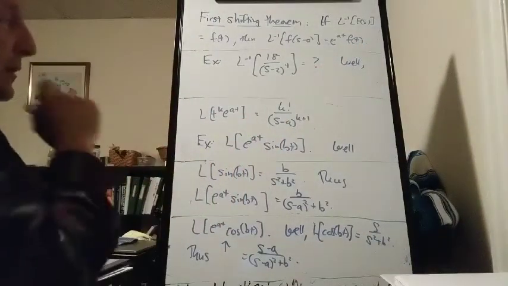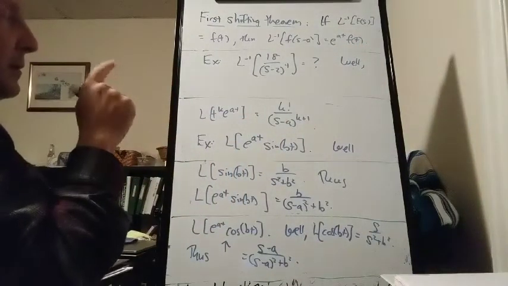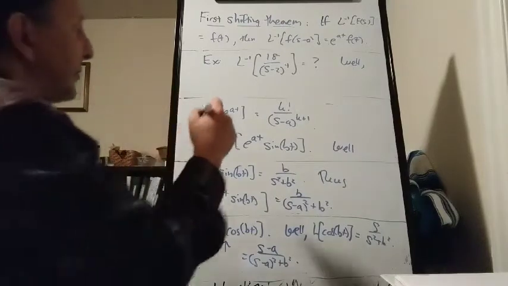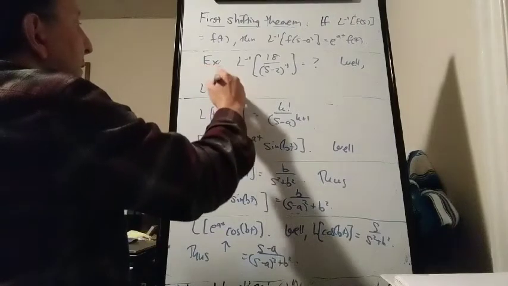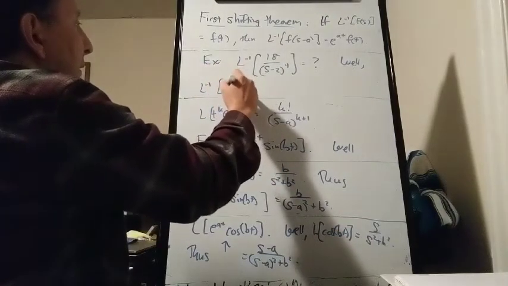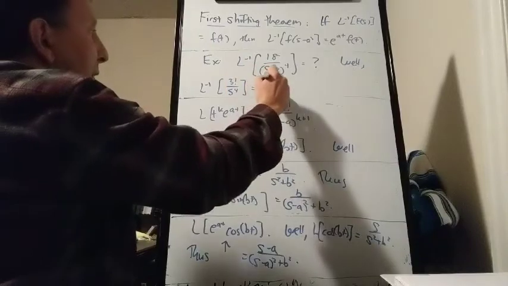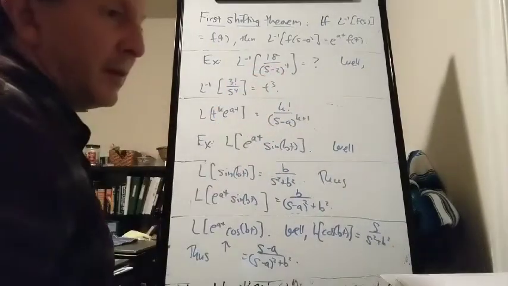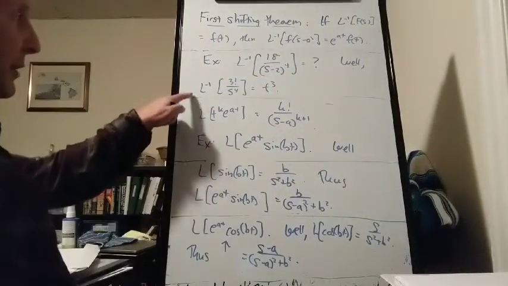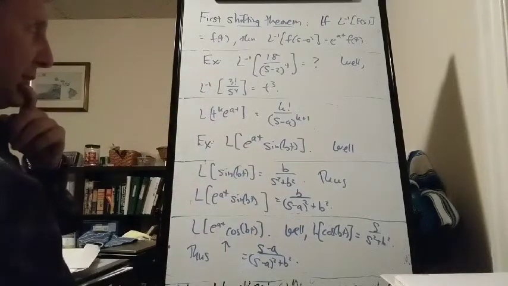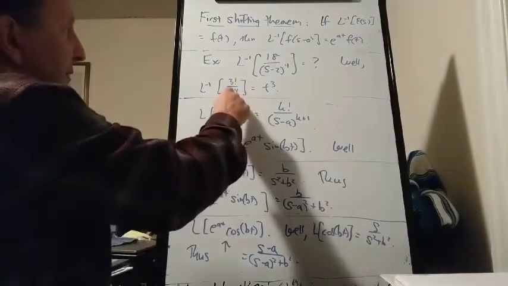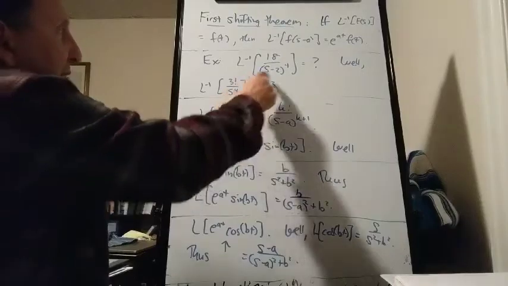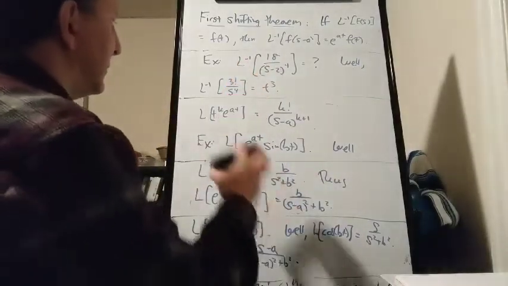So this looks a little bit like something over s to the fourth, and if that something were a 3 factorial, then the inverse Laplace transform of 3 factorial over s to the fourth would be t cubed. So it's not exactly that, because where we expect to see an s, we see s minus 2 instead.